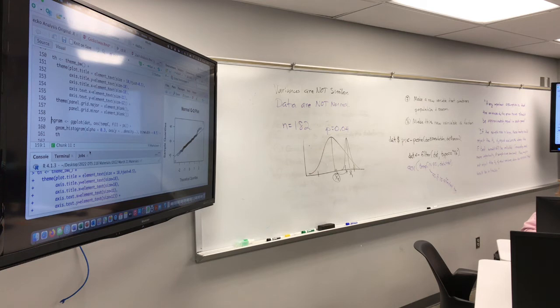Tab complete oftentimes will save you typing errors. As you're typing a command in, R automatically puts up a set of suggestions, and you can just hit tab and it will complete that command for you. It took me a long time to get in the habit of using tab complete, but now I use it quite a lot.